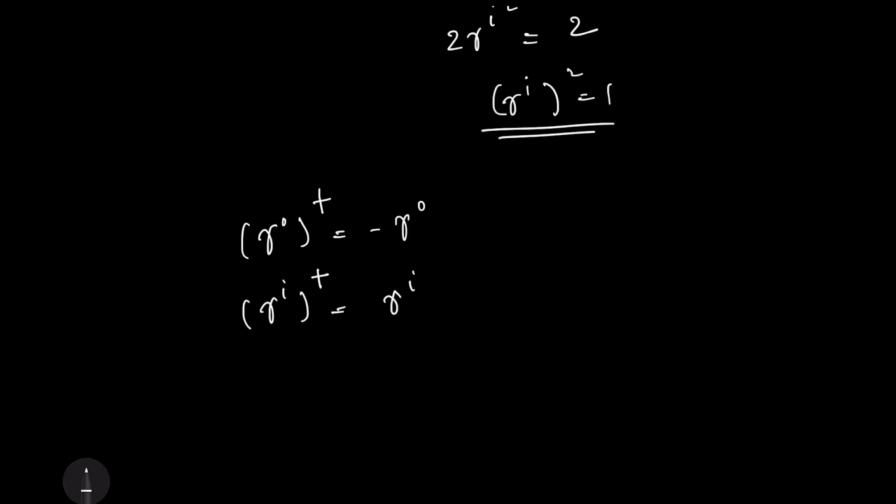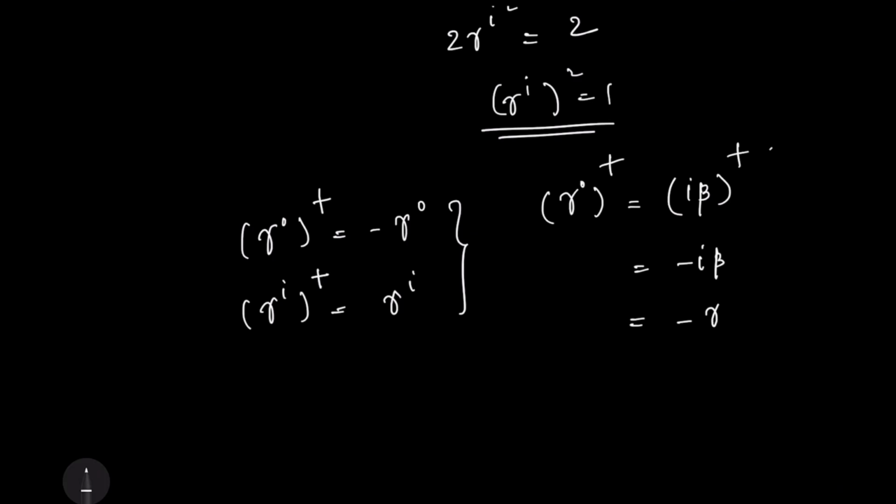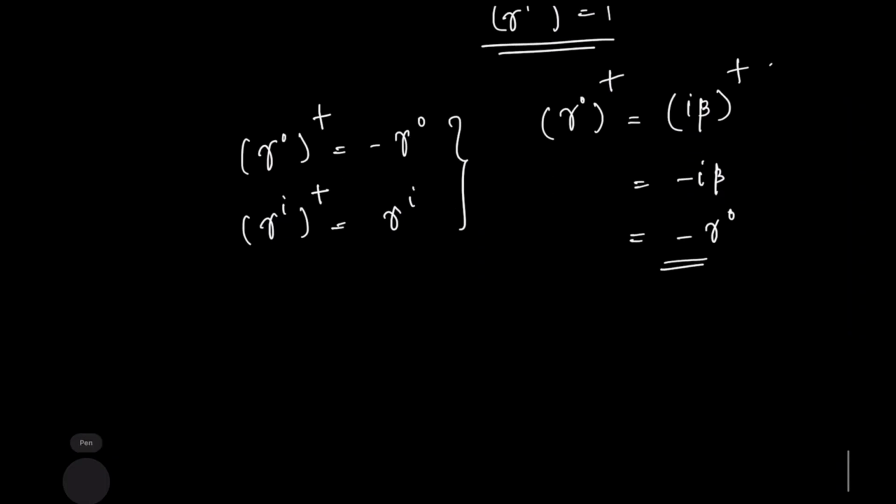So where did this come from? I substituted for gamma 0. So when gamma 0 dagger, if you want to find out, gamma 0 is I beta. So I beta dagger, I will become minus I, and beta dagger is beta itself, right? So minus I beta, which is minus gamma 0, right? So that's how I got it. Similarly, I can do for gamma I dagger also.